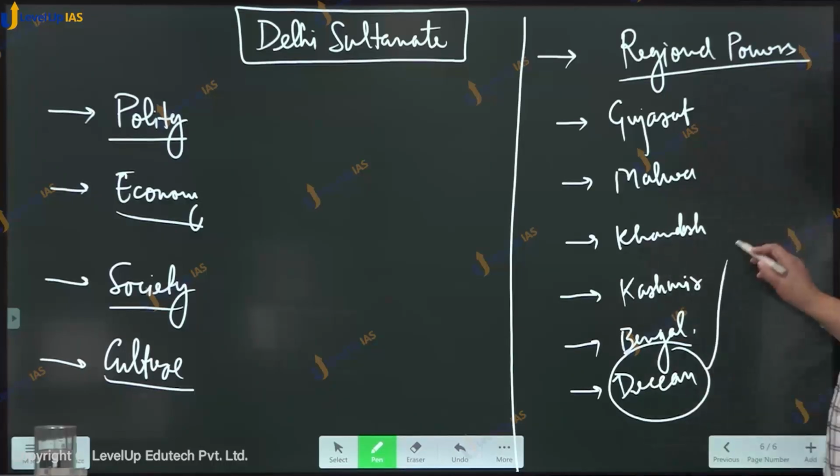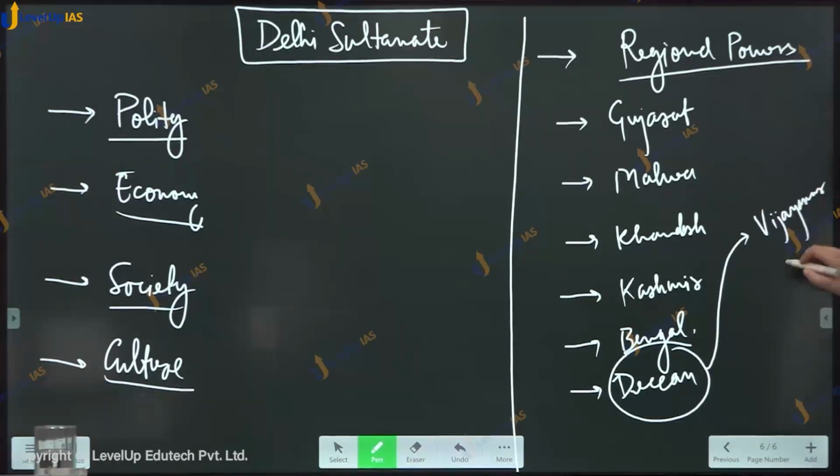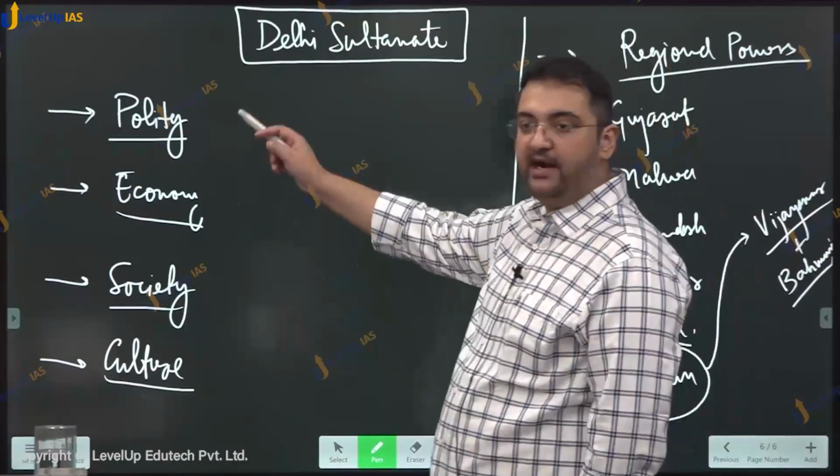In the Deccan region, we will talk about primarily Vijayanagar and Bahmani Sultanate.